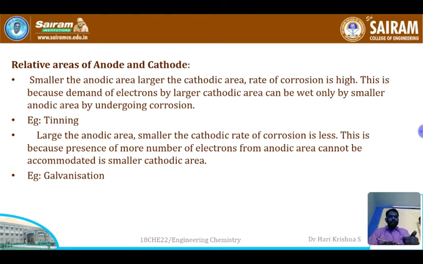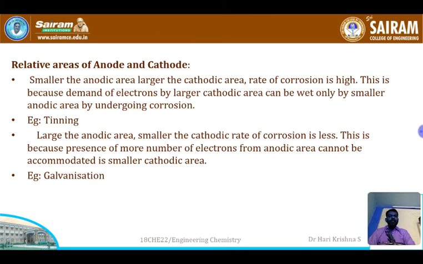As we all know, unless and until the liberated electrons are accepted, the anode will not liberate further electrons. The capacity of the cathode is only 100, but it is being offered 500 to 1000 electrons, and it cannot accommodate so many. Since the liberated electrons are not accepted, the anode will not undergo further oxidation, which means it will not undergo further corrosion.